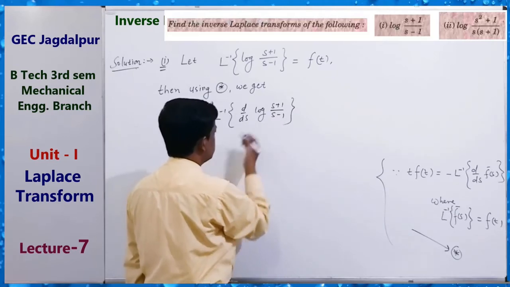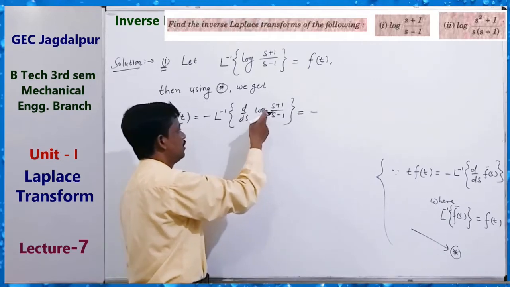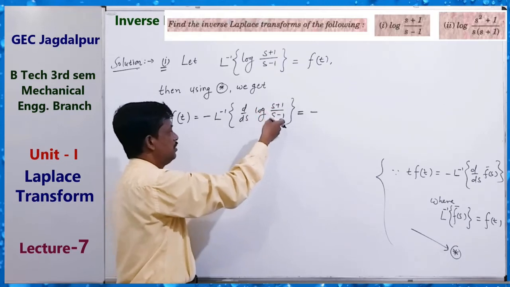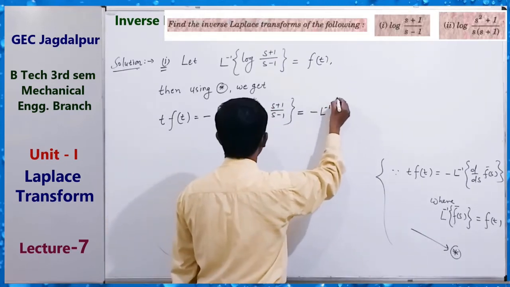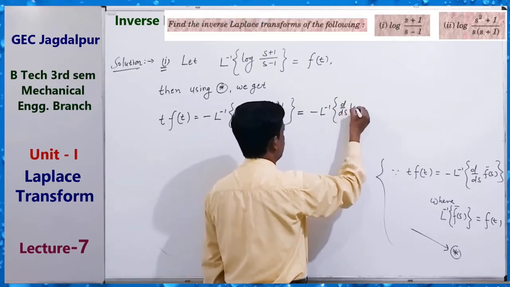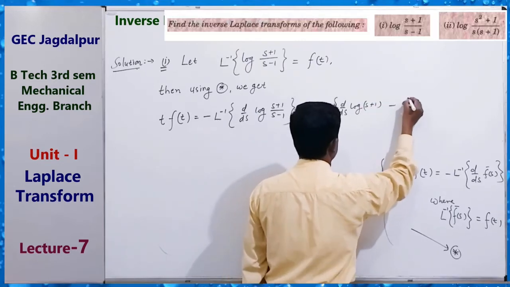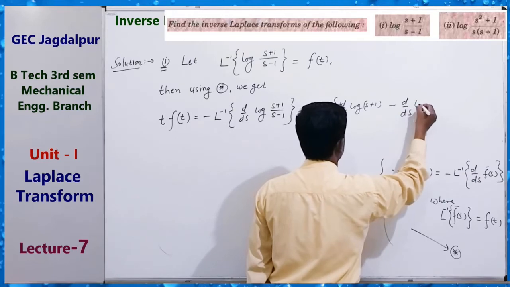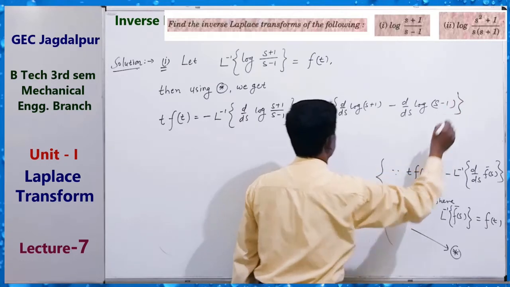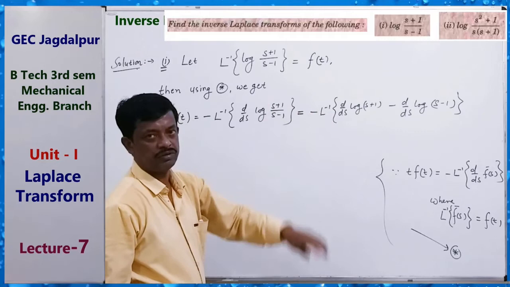Okay, so this can be written as minus of log a by b, so minus L inverse of d by ds of log (s plus 1) minus d by ds of log (s minus 1). Log a by b is log a minus log b, you know.